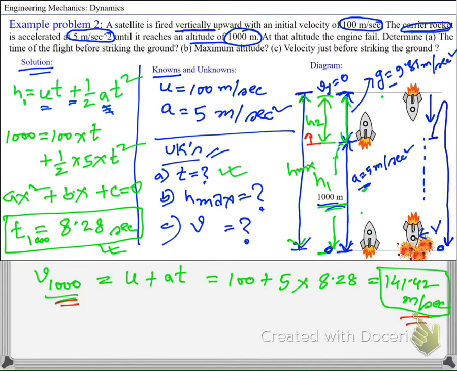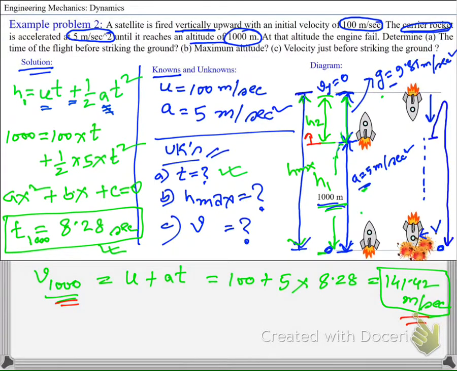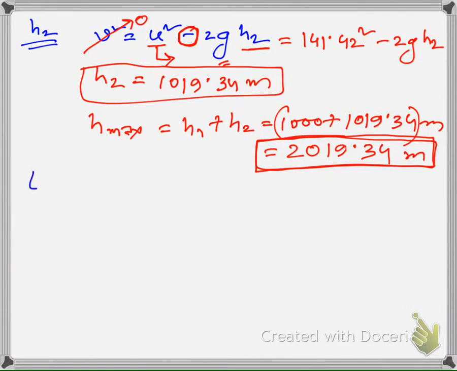To find that, we'll use again the equation of motion. This time we can call it time for free fall, so after the engine failed, time for free fall.